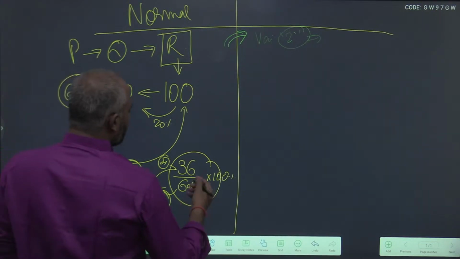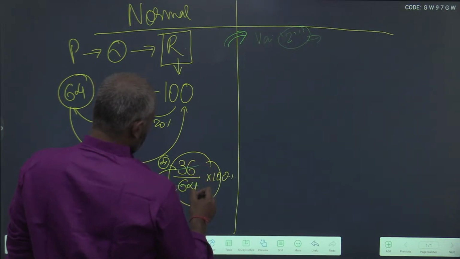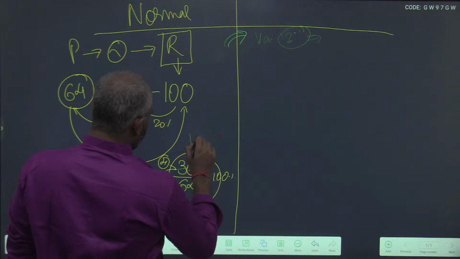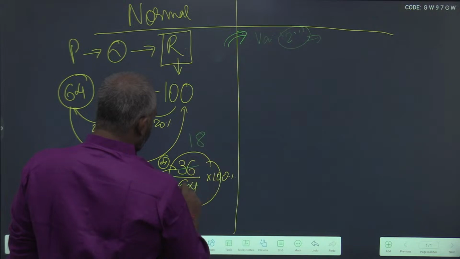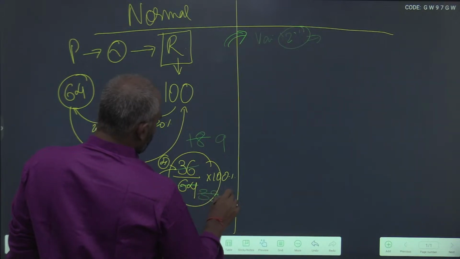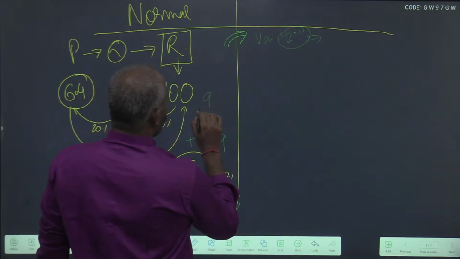So it is 56.25%, or for those people who want to calculate, 36 by 64 reduces to 9 by 16.